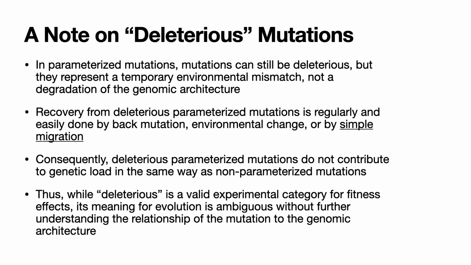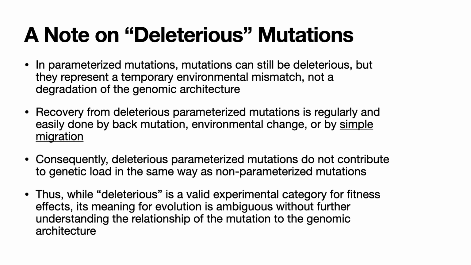And I want to take a quick note on what this means for the concept of deleterious mutations. So in parameterized mutations, mutations can still be deleterious, but this deleterious nature represents a temporary environmental mismatch, not a degradation of the genomic architecture. So the recovery from such deleterious parameterized mutations is regularly and easily done by back mutation and environmental change, and one that's frequently overlooked, simple migration.